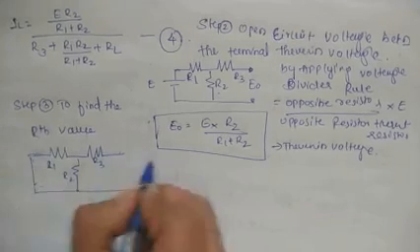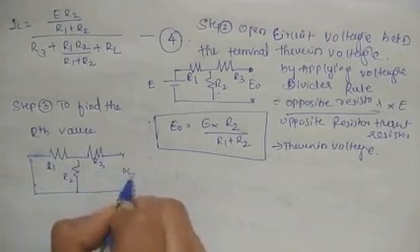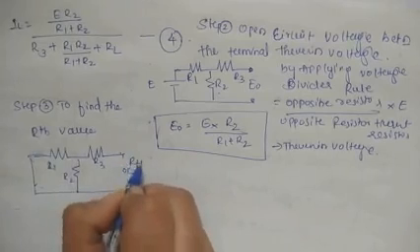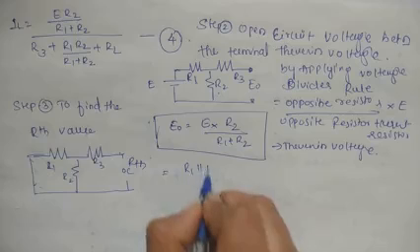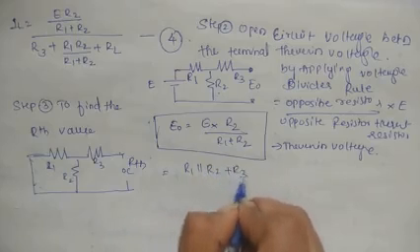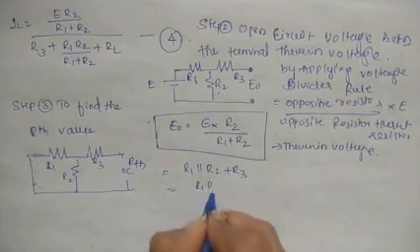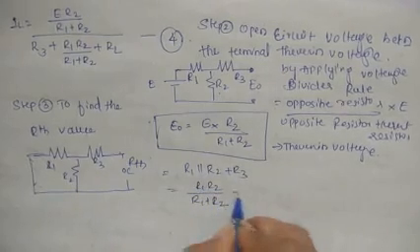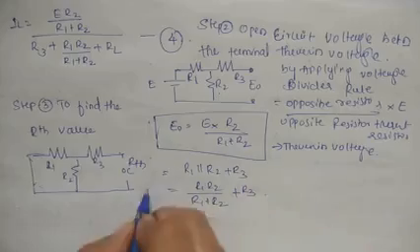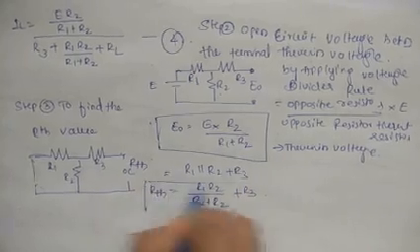Without load we can find that. Open circuit, that is RTH equals open circuit, or obviously R1 parallel to R2 plus R3 equals R1 R2 divided by R1 plus R2 plus R3. That is your RTH.